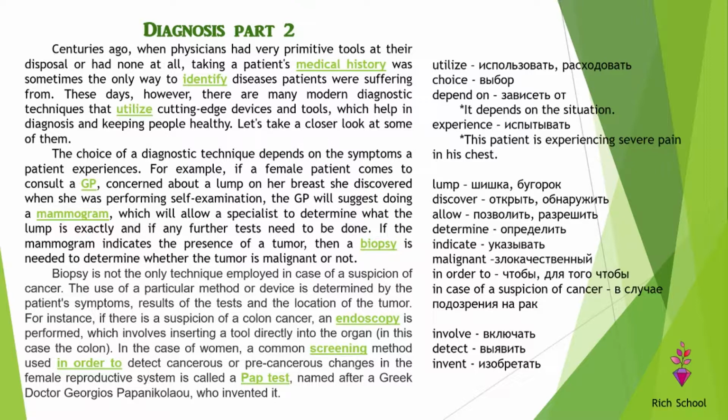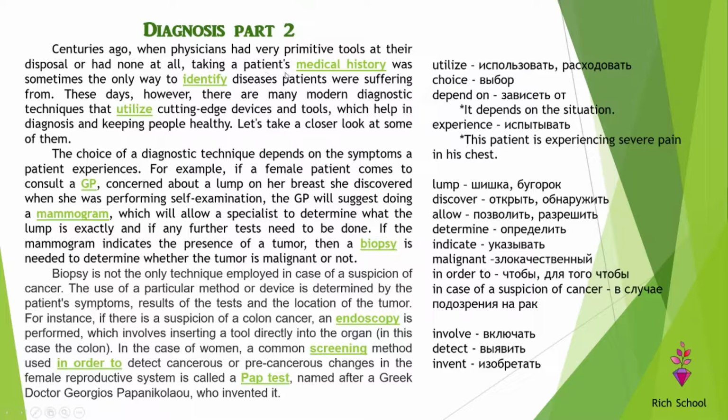От этого слова detect. Invent — это изобретать. Inventor — изобретатель. Okay, so let's look through the text. Centuries ago, веками назад, когда врачи, physicians, да, у них были примитивные средства или устройства, да, или способы под рукой, at their disposal, или had none at all, или вообще none, не было ничего.